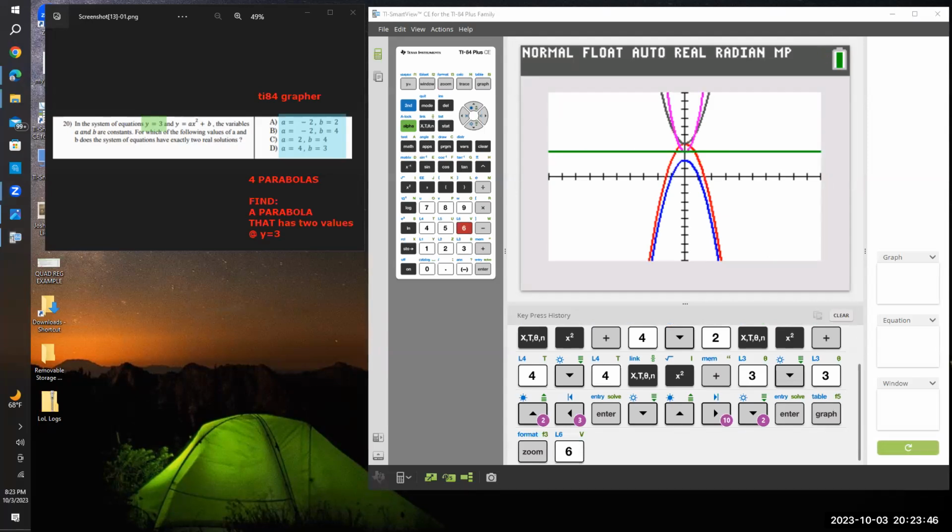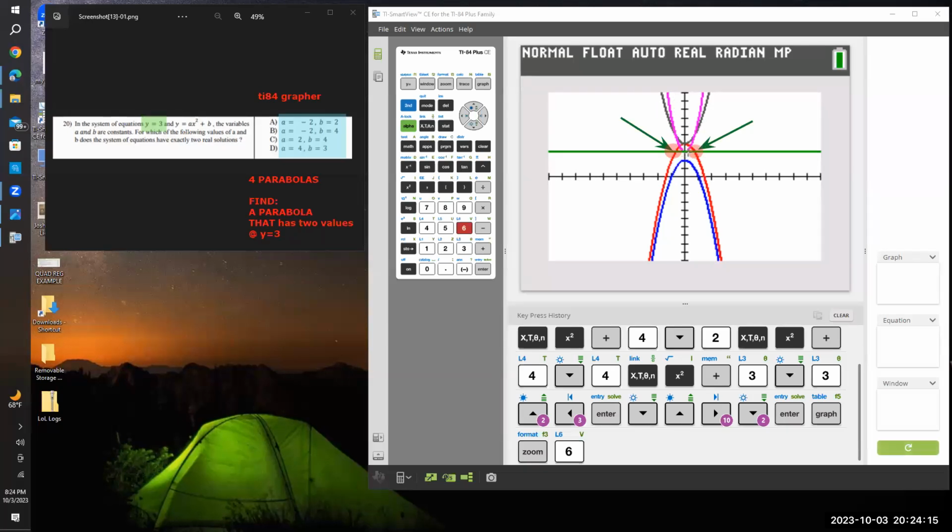So if you look at the 4 choices, they have now been graphed quickly as 4 parabolas, but we're looking for the parabola that has 2 intersection points. So it looks like, and again, I'll color code it, the red parabola intersects in quadrant 2 and quadrant 1. So there are 2 good points of intersection only for the red parabola. The green one up here, or the dark gray one, hangs way up above.